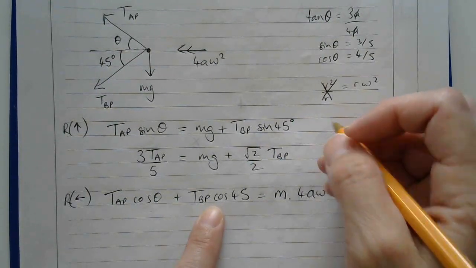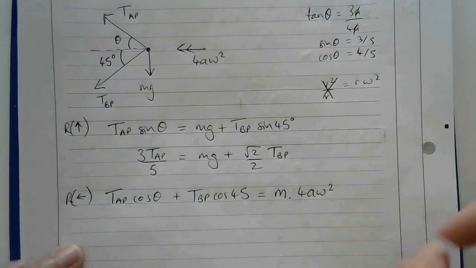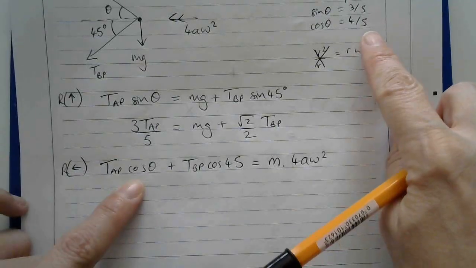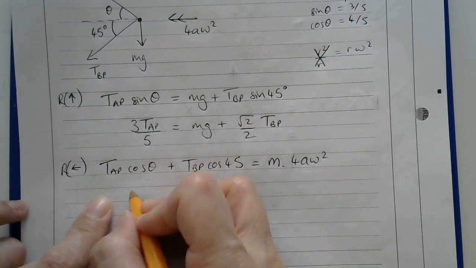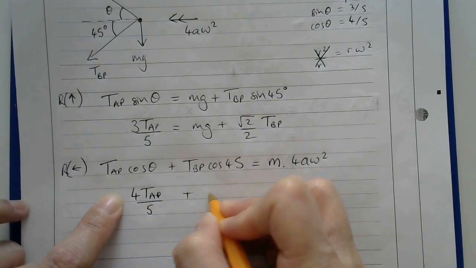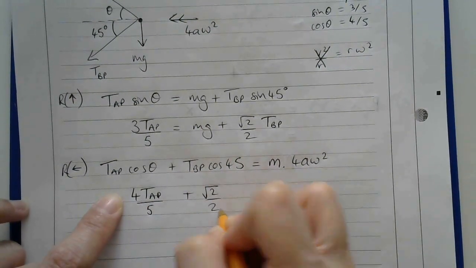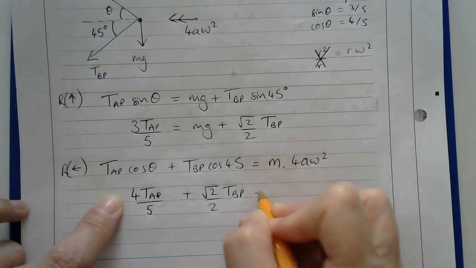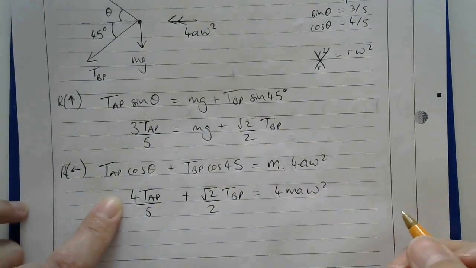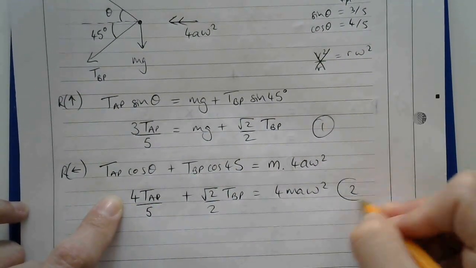Actually, sorry, I'll just tidy this up a bit first. Here I have TAP cos theta, and cos theta was 4/5, so I've got 4 TAP over 5 plus root 2 over 2 TBP is 4ma omega squared. I'll call that 1, I'll call that 2.